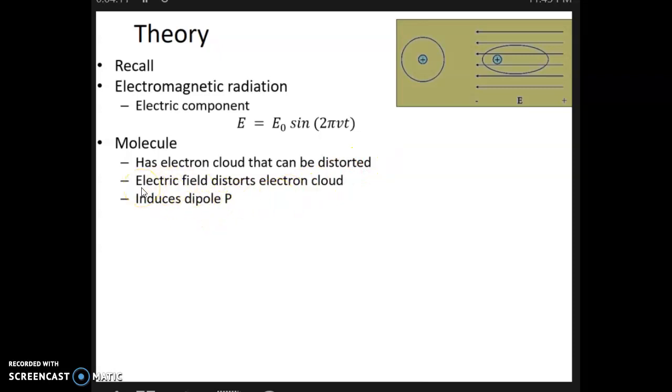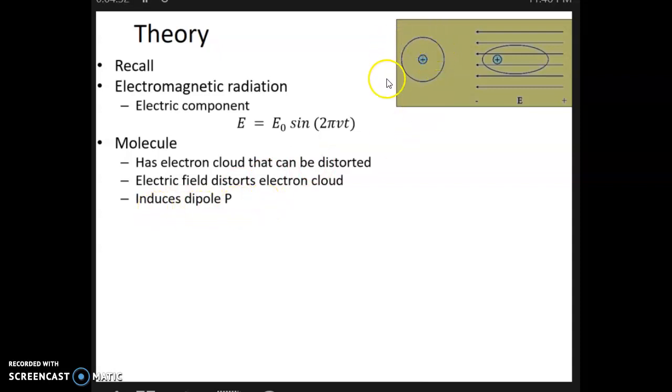When the electric field distorts the molecule, it induces a dipole, other than the permanent dipole or absence of it that may be in a molecule. So whether a molecule has a permanent dipole or not, the electric field, upon its interaction with the electron cloud, can induce a dipole.